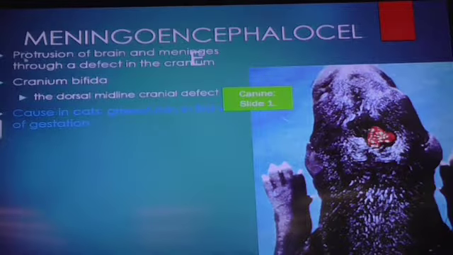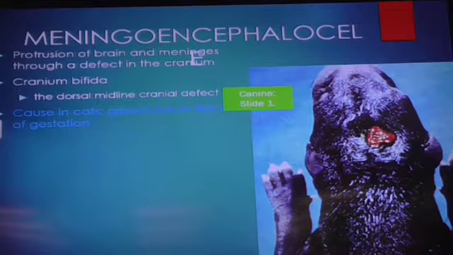Meningoencephalocele, and this is protrusion of the brain and meninges through a defect in the cranium. So this is the top of the head, and you see a small fleshy mass protruding from the cranium.